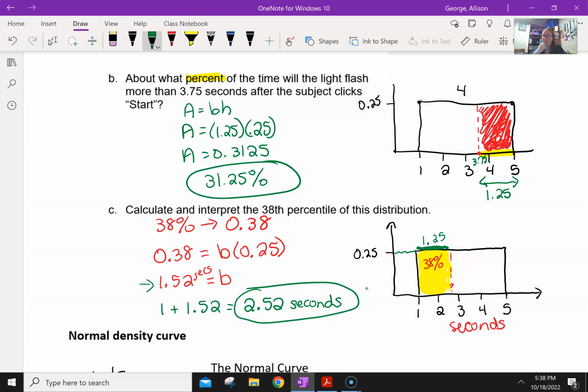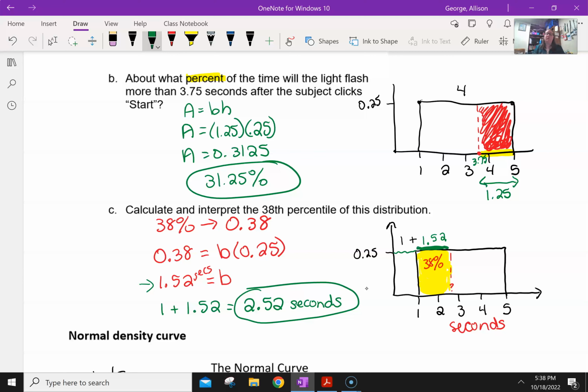Problem is, this time, the rectangle didn't actually start till 1. So we have to also include this piece right here to actually get our correct time. So we have to do 1 plus 1.52, and so we end up getting our total time of 2.52.